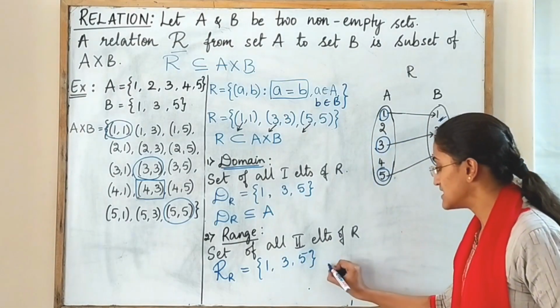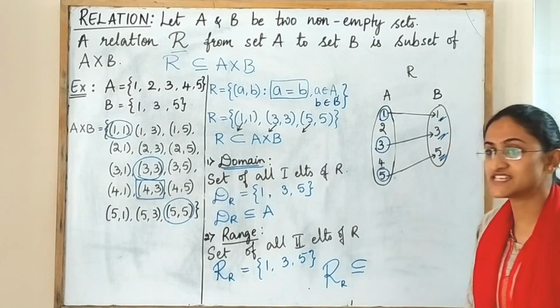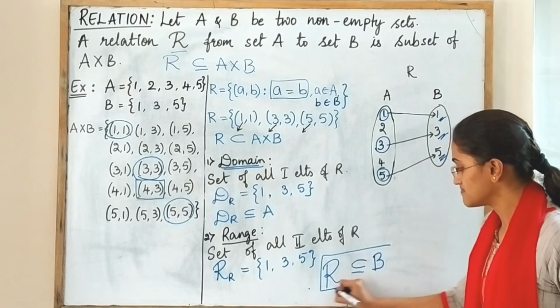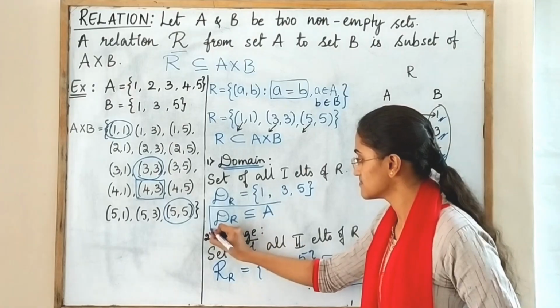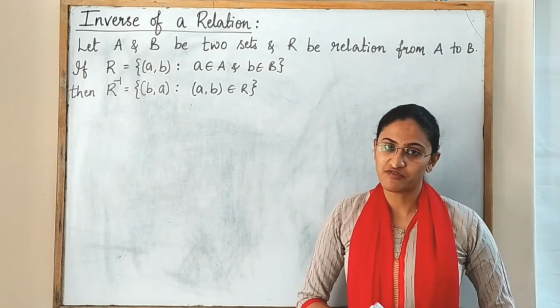Also remember that the range of the relation R will always be a subset of the second set, that is B.